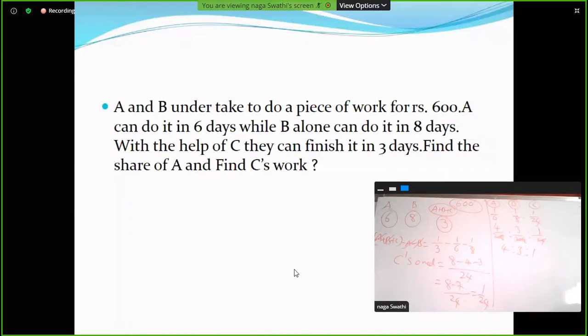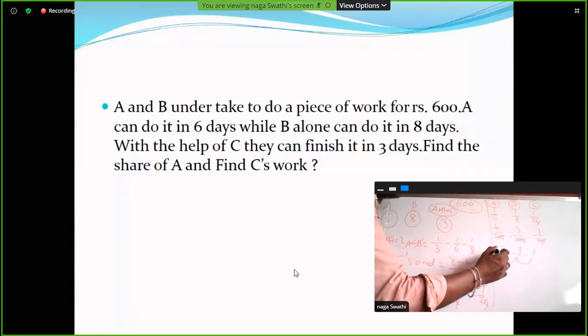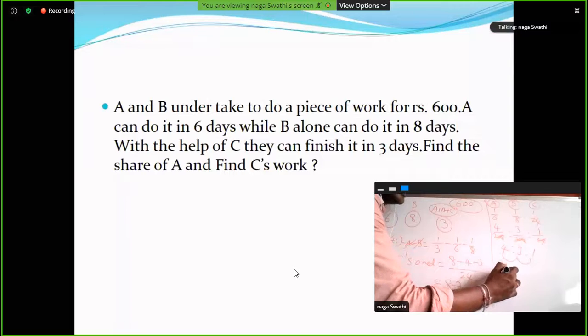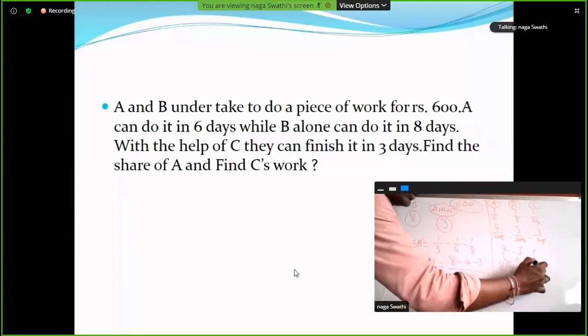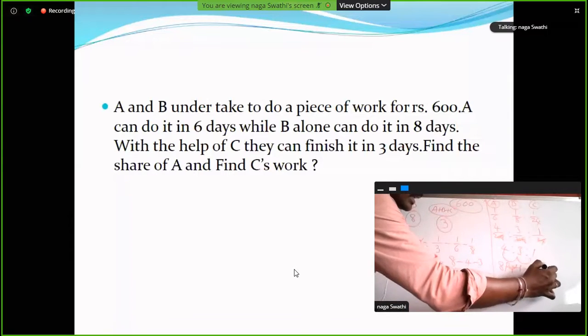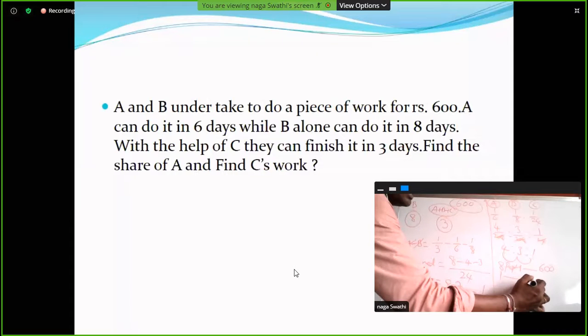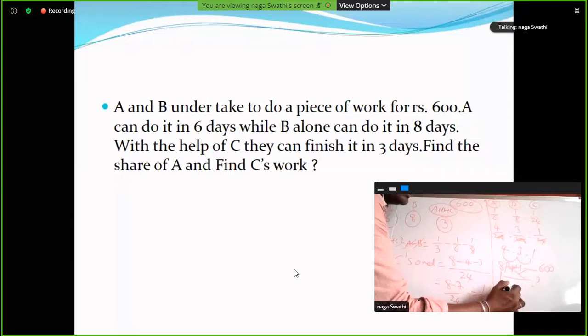So here the ratio is 4 plus 3, 7, 7 plus 1, 8 parts. 8 parts value, what is the total amount? 600 rupees. Then what is the value of 1 part? 1 into 600 divided by 8.